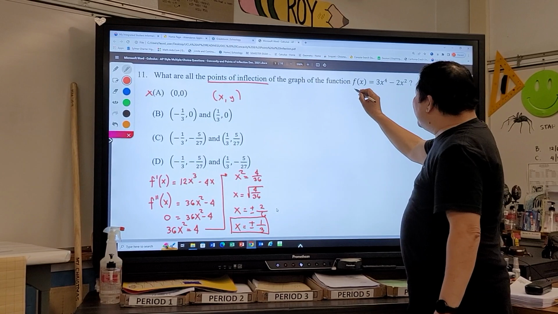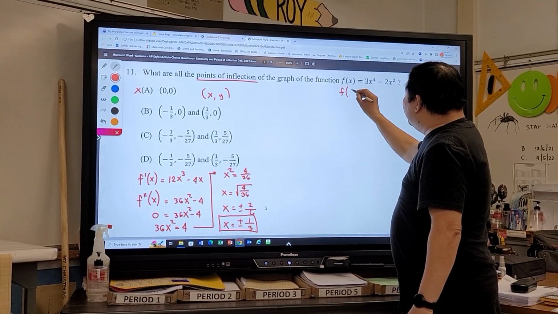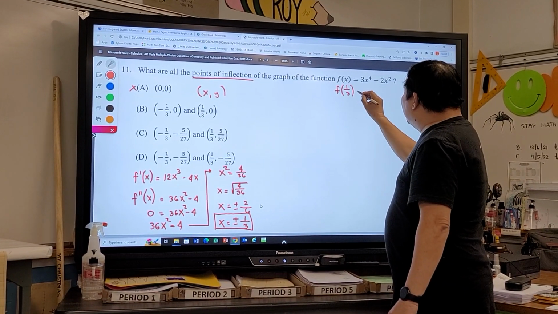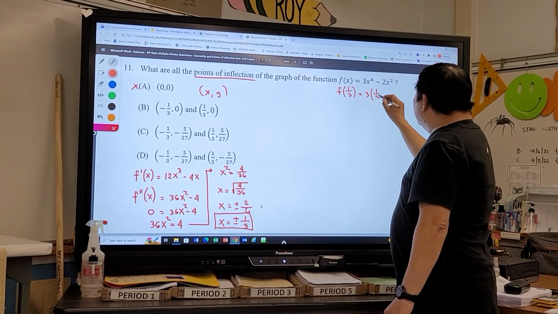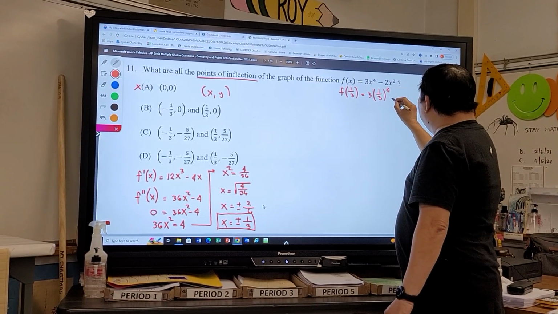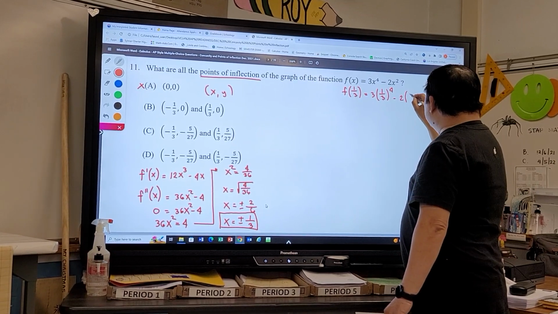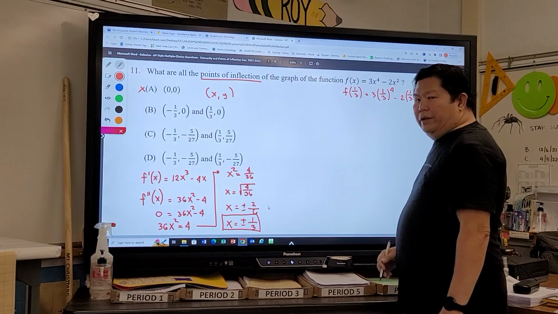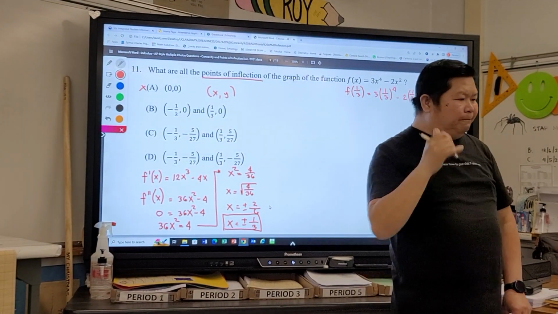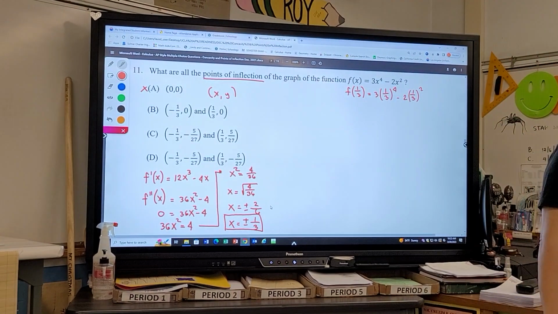So f of 1/3 is equal to 3 times 1/3 to the power of 4 minus 2 times 1/3 squared. Everybody, please do it.